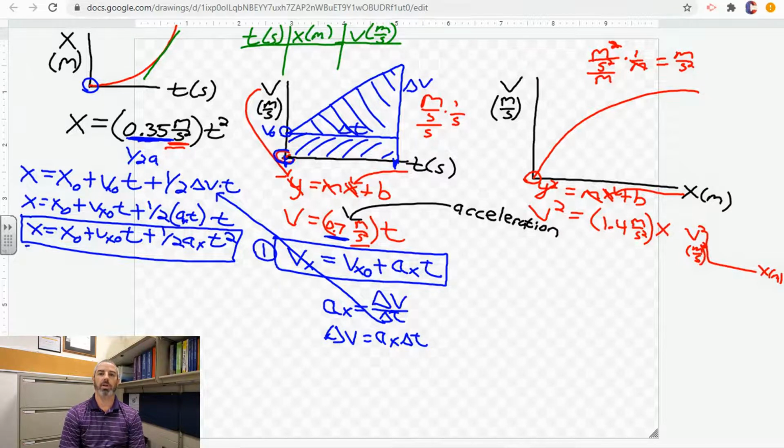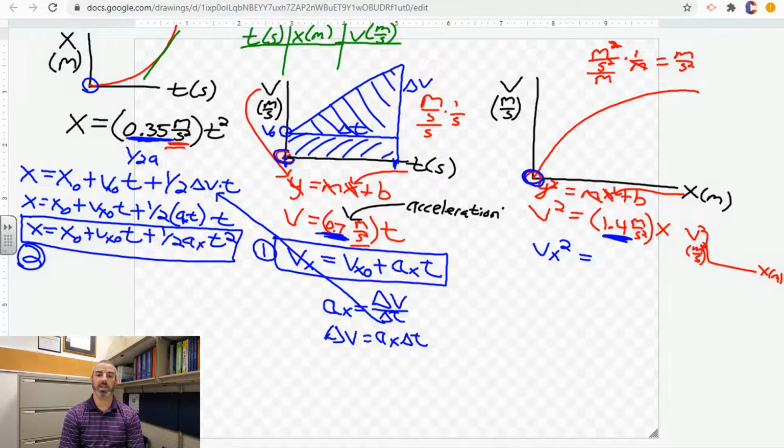Now let's look at the velocity position graph and compare this slope to the acceleration. I can see 1.4, that's double 0.7. So my slope here is twice the value of the acceleration. Writing the general equation, vx squared is equal to a vertical intercept, which is the initial velocity squared, so we'll write that as vx naught squared.